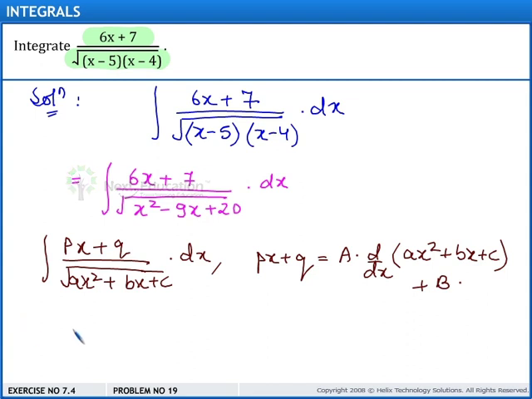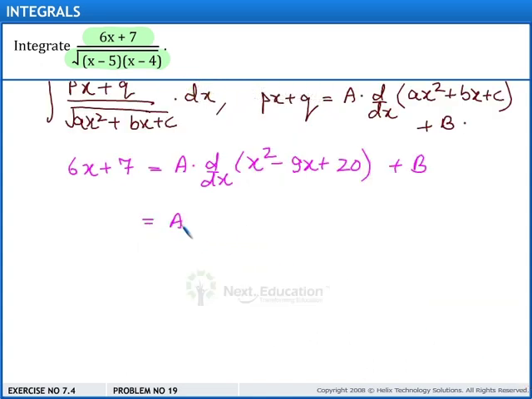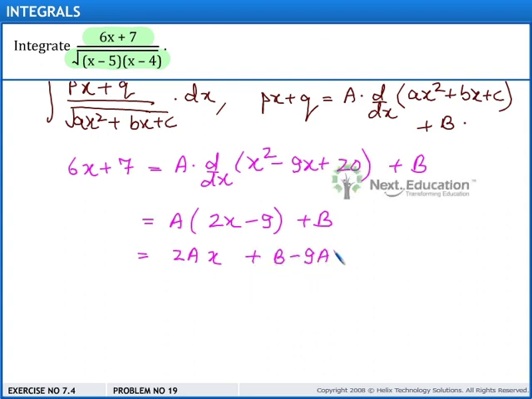Therefore, let us write 6x + 7 equal to a times the derivative of x² − 9x + 20 plus b, and this is equal to a(2x − 9) + b, which is equal to 2ax + b − 9a.